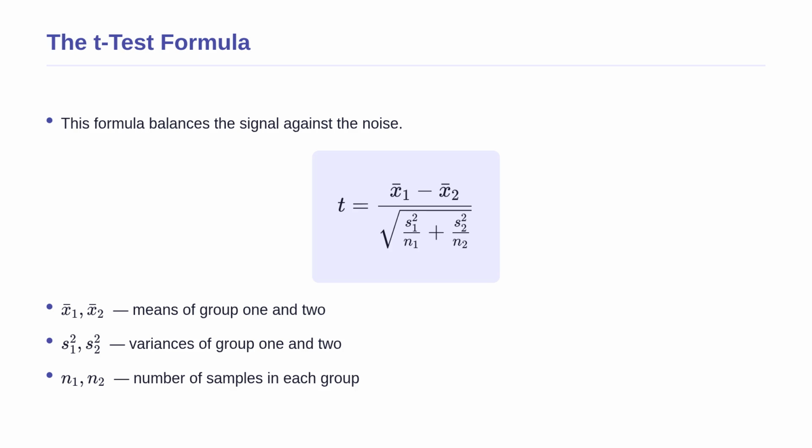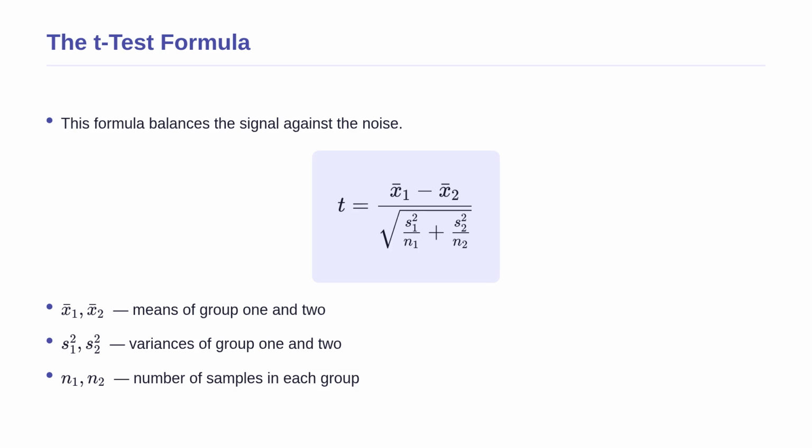Their difference in the numerator is our signal. In the denominator, s1 squared and s2 squared represent the variance, or spread, of the data in each group. The variables n1 and n2 are the sample sizes. The entire square root term represents the standard error, or the noise.